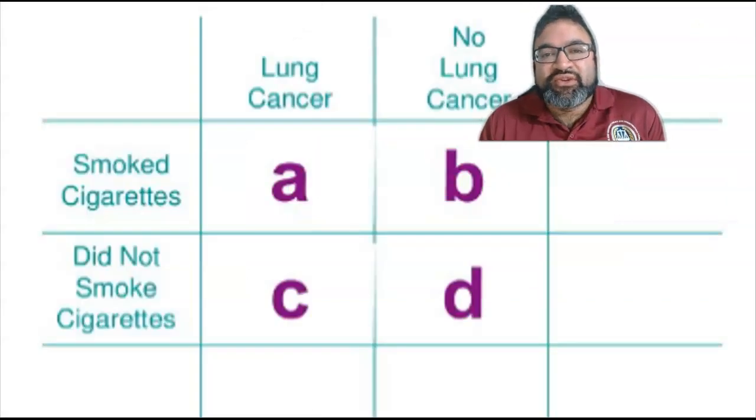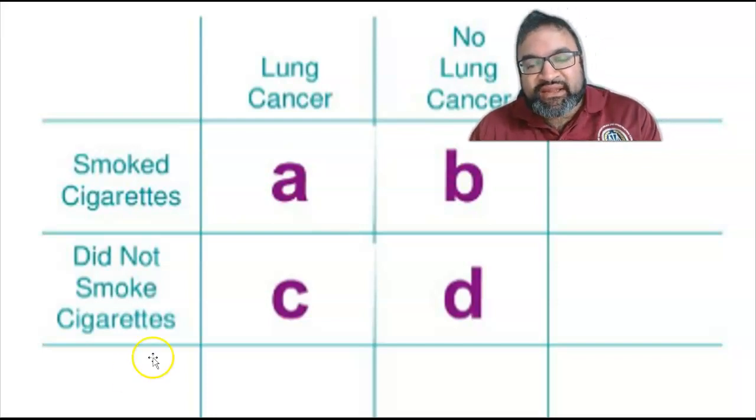So now let me show you how to calculate odds ratio. Odds ratio is a calculation where you multiply A times D first and then divide that by B times C. So if you consider A and then to the right B and then below it C and D, then A times D divided by B times C. That's odds ratio.